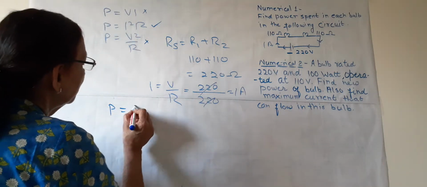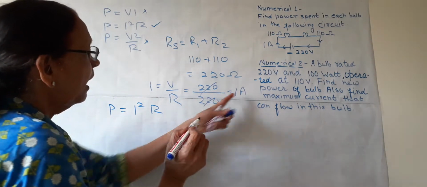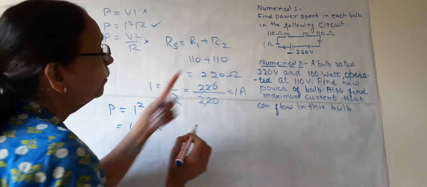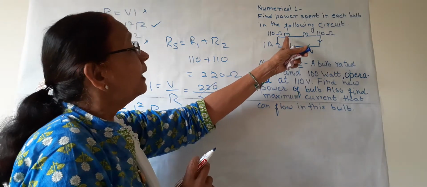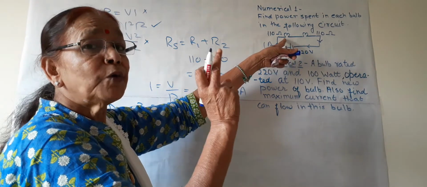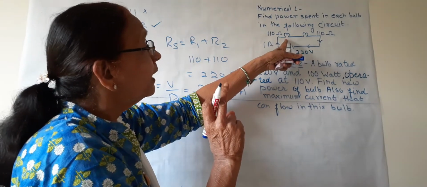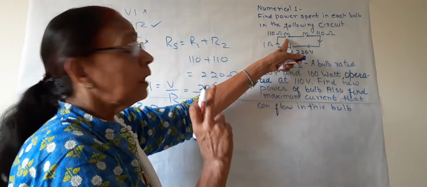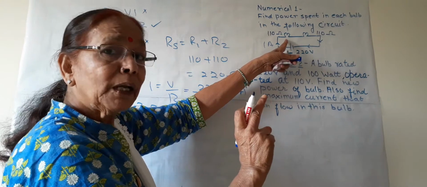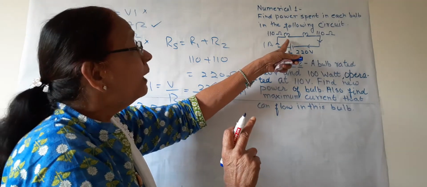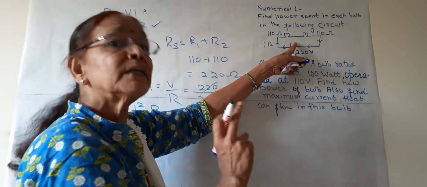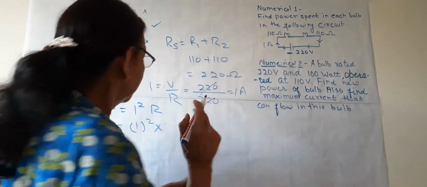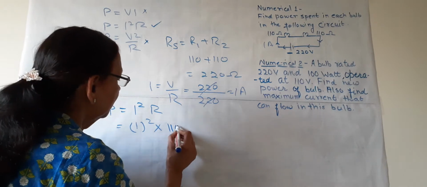So P is equal to I square R. I we know is 1, square of 1 into R. Now we can take the R of the individual bulb because we are calculating the power of this bulb. The power of the individual bulb will be calculated by its resistance and its current. Current is 1 and resistance is 110.